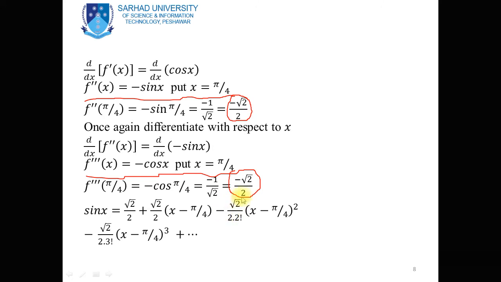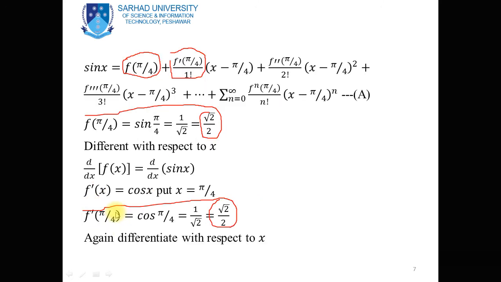So we obtain under root 2 divided by 2 into x minus pi by 4 whole square. And the third order derivative value at x equals pi by 4 is minus under root 2 divided by 2, so we get minus under root 2 divided by 2 into 3 factorial into x minus pi by 4 whole cube, and so on. This is the Taylor series for the given sine function at x equals pi by 4.